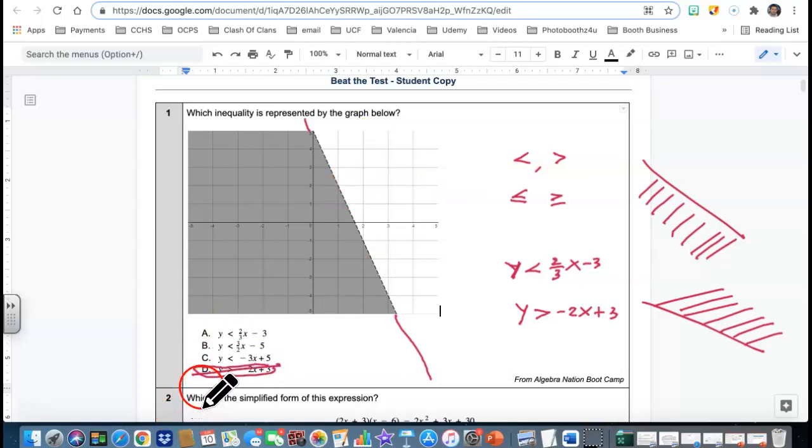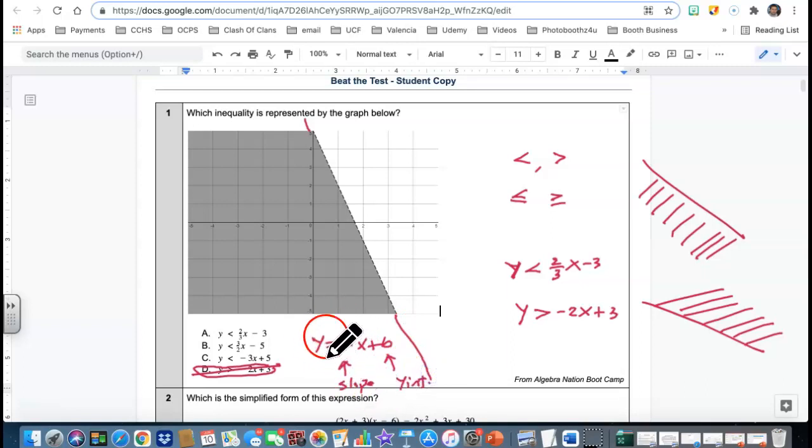Excellent. Now, how do we identify which one we're doing? Because remember, this is the equation of a line, right? mx plus b in slope-intercept form. Any number in front of the x is your slope, and the number after plus b, that's your y-intercept, right?